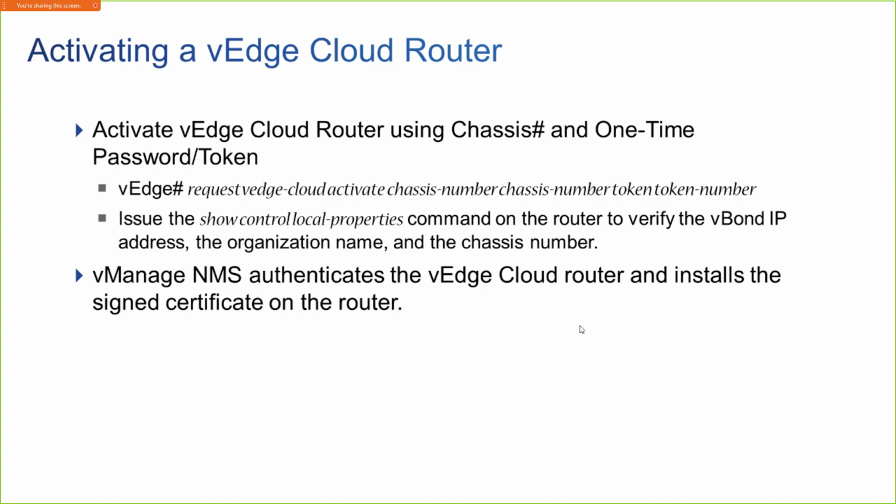The chassis number is kind of virtual in this particular case, but there's a token that gets generated by the NMS for each of those cloud routers that gets listed in the file. And that token is a kind of one-time password, if you will, that allows the cloud router to register to the NMS. And that's sent to the vBond orchestrator and the vSmart controller as well to identify that endpoint.